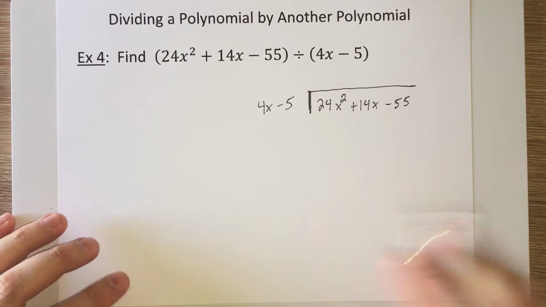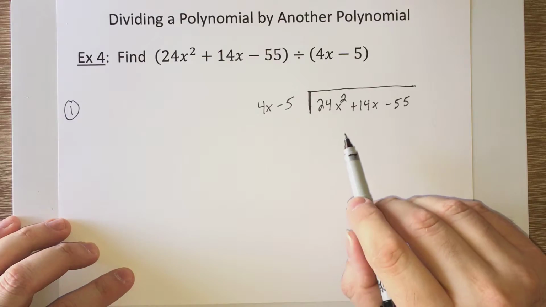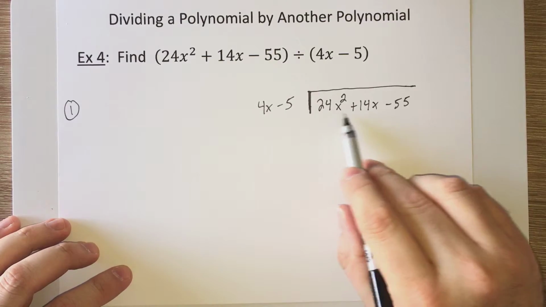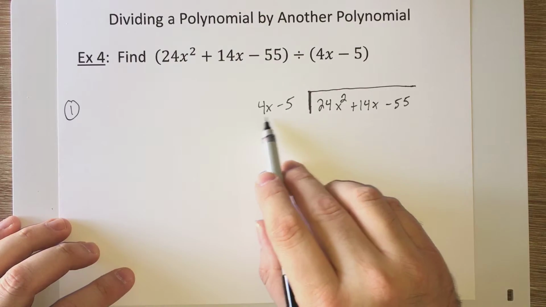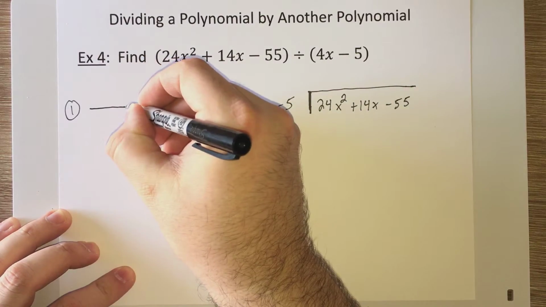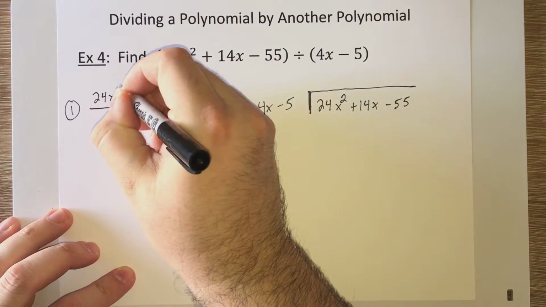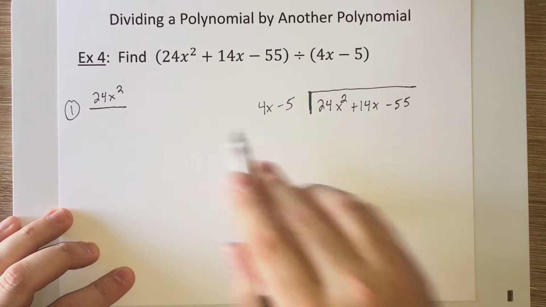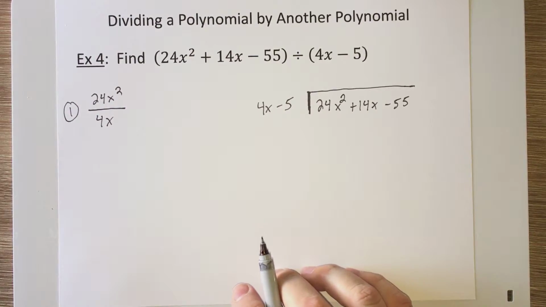The next thing you're going to do is go through the three-step process. The first step of your three-step process is you're going to take the left term inside the box, 24x squared, and divide by the left term outside of the box, 4x.